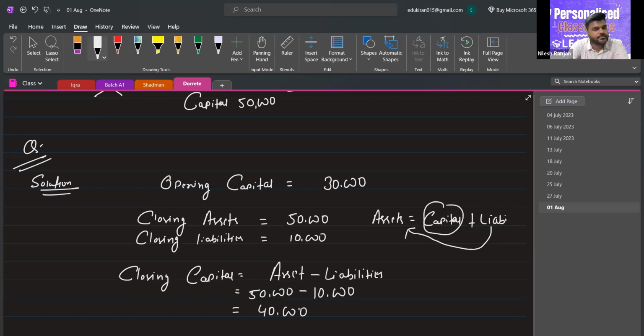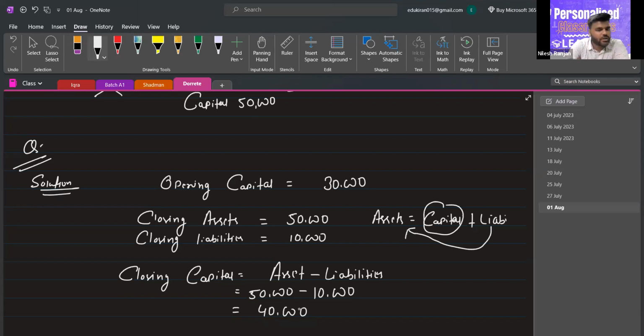We got profit, sir. Only profit? Yes, sir. Actually, the reason for increase in capital is profit and additional capital. Sometimes we introduce some capital during the year in the business, so this also increases our capital.